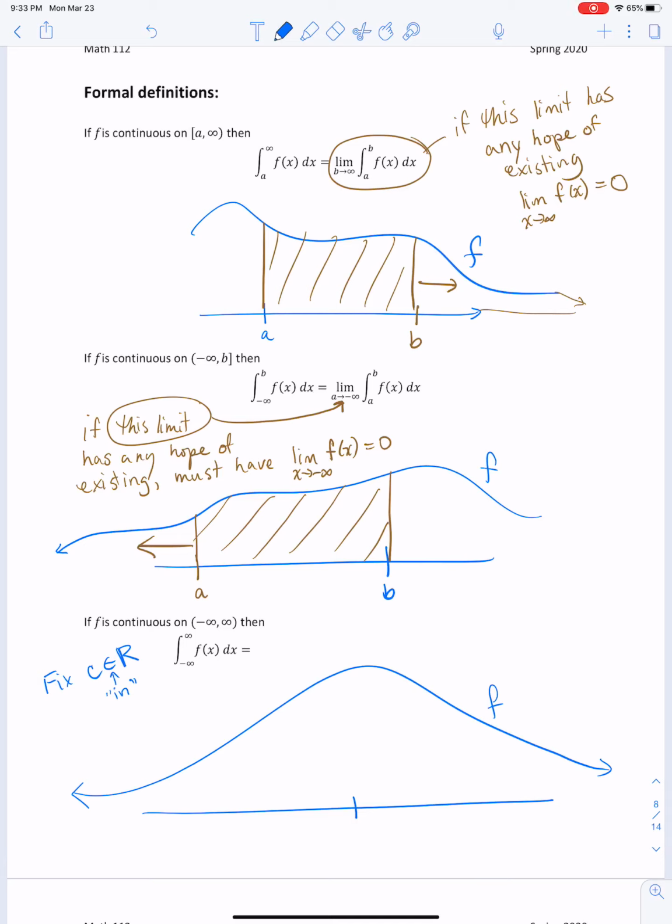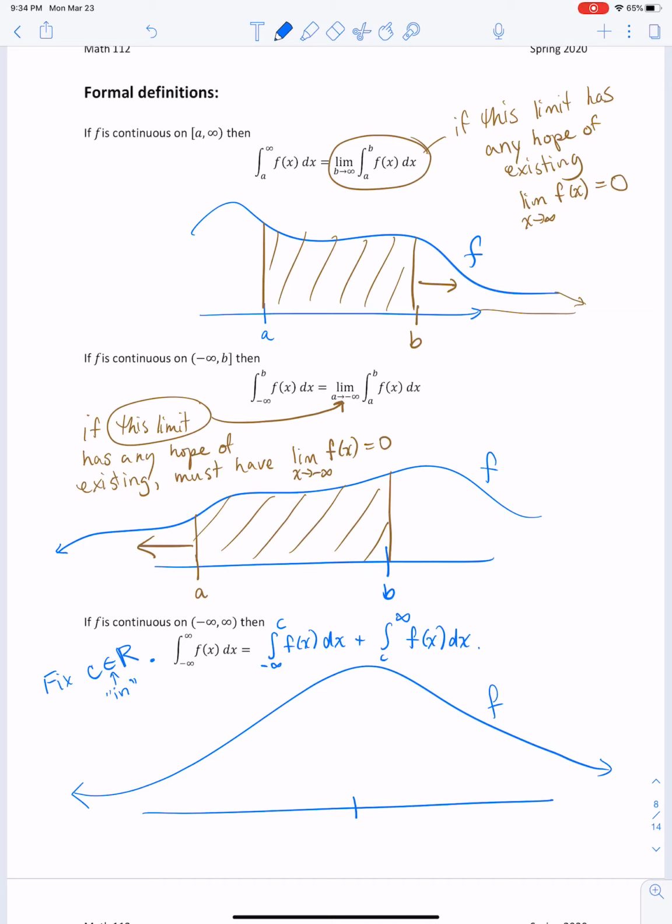Then the improper integral from minus infinity to infinity of f of x dx is equal to the integral from minus infinity to c of f of x plus the integral from c to infinity of f of x.